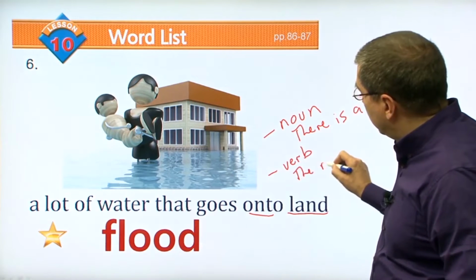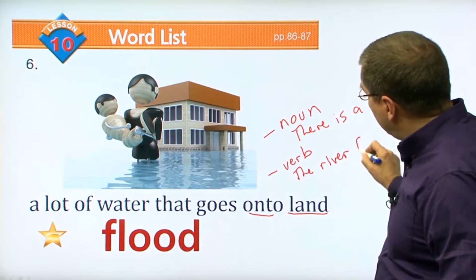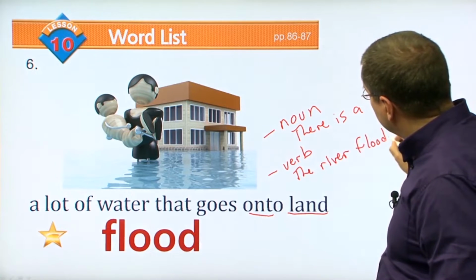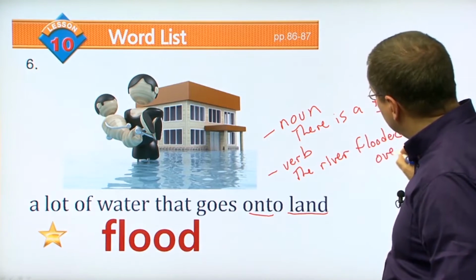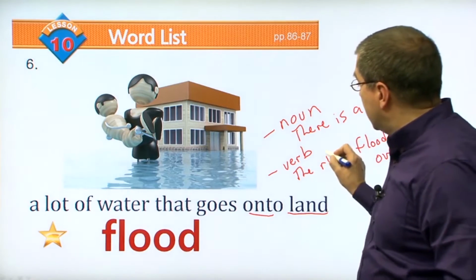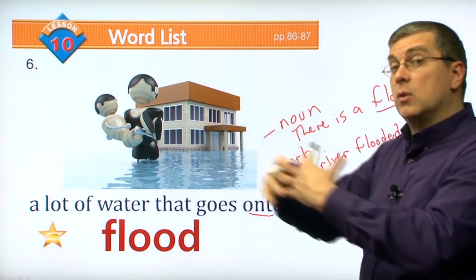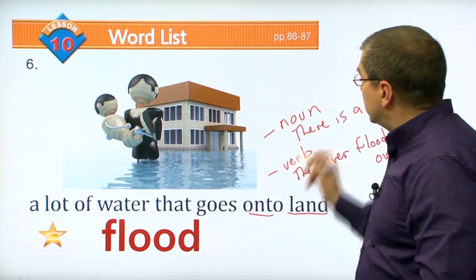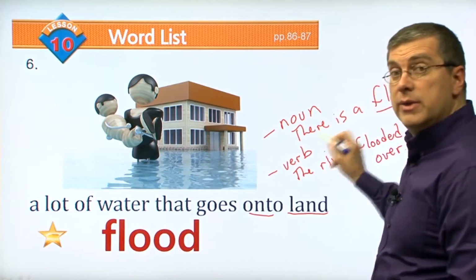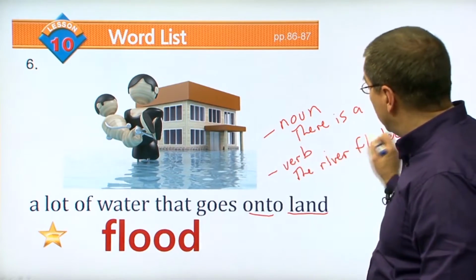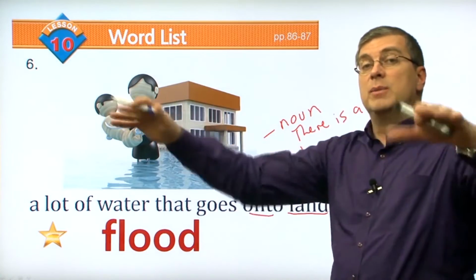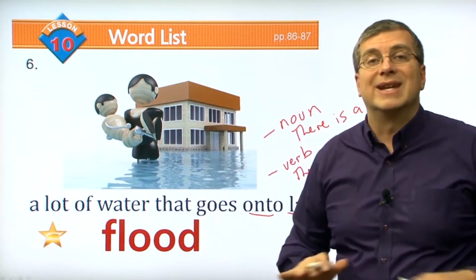The river flooded over. Or you could also say the town flooded. That means the town was covered in water. So we can use flood as a noun, there is a flood, or a verb. The river flooded over. The river got too big and it flooded the surrounding area.